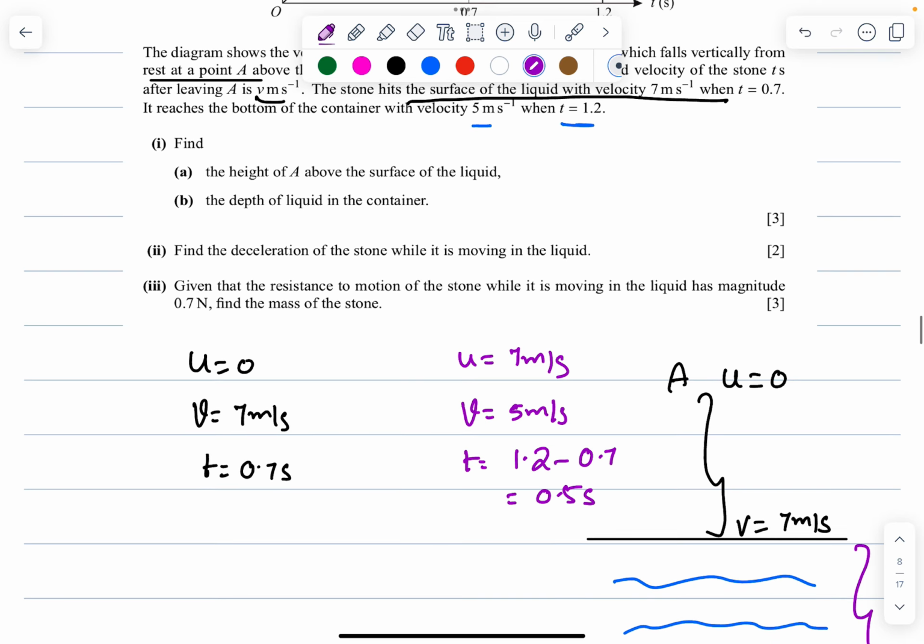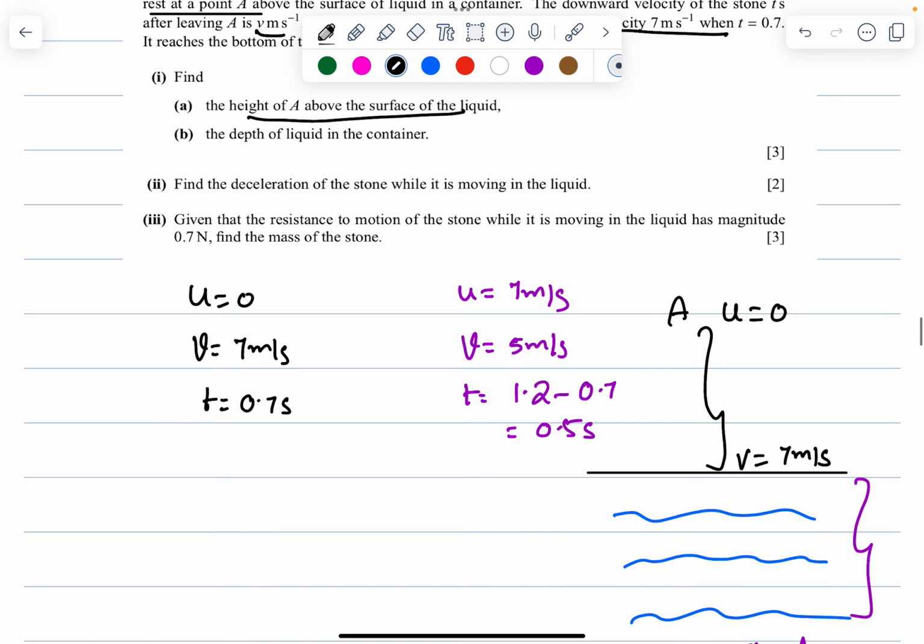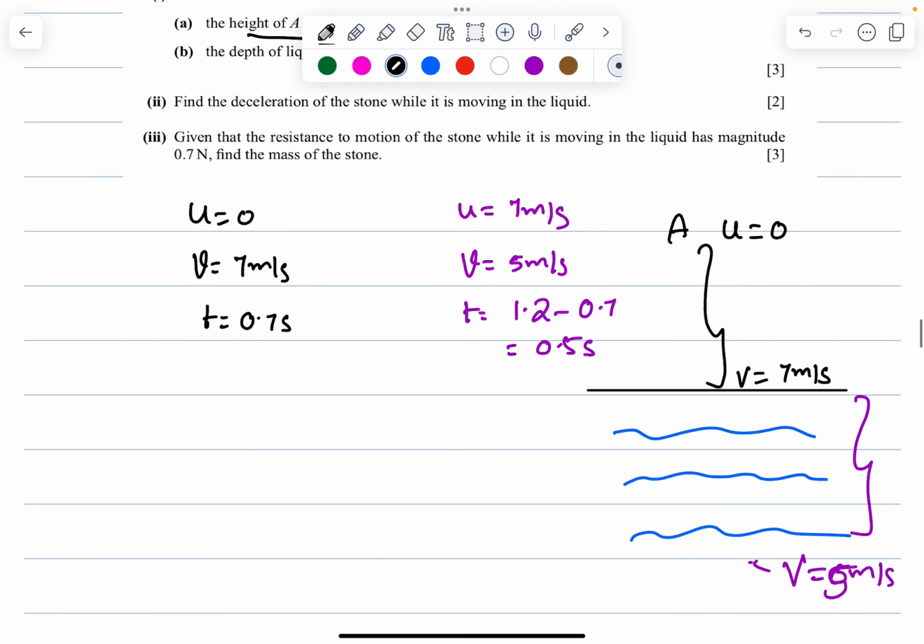There are two parts of the journey. First, find the height of A above the surface of the liquid. S equals u plus v by 2 times t, which is 0 plus 7 by 2 times 0.7, giving 2.45 meters.